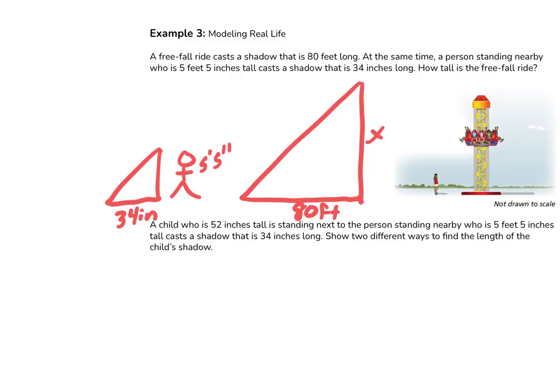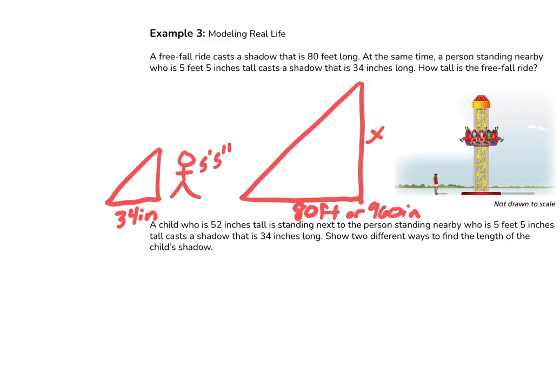This one's going to be really easy to convert because if there's 12 inches in 1 foot, if I have 80 feet, what am I going to have to do? Just multiply by 12. So 80 times 12 would be what? So 80 feet or 960 inches.